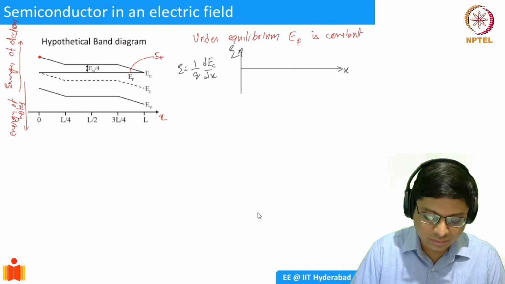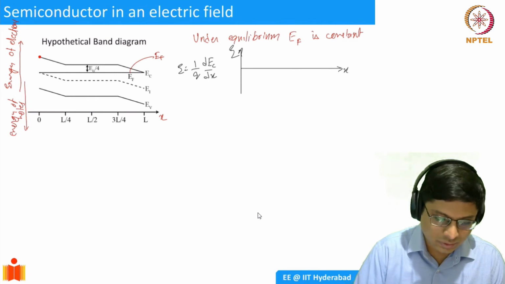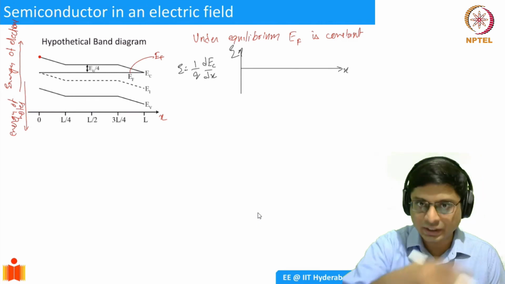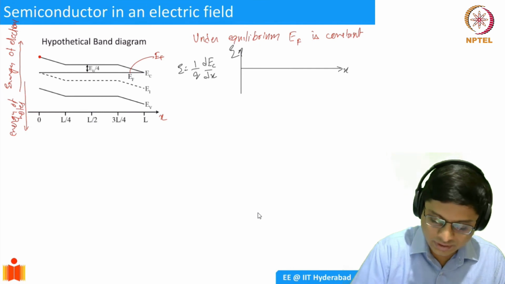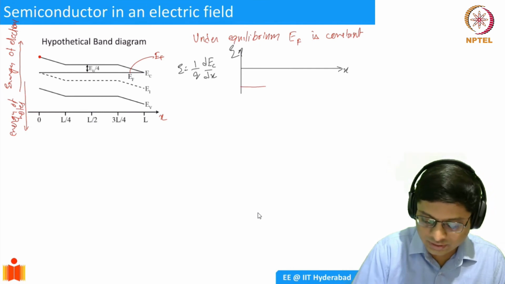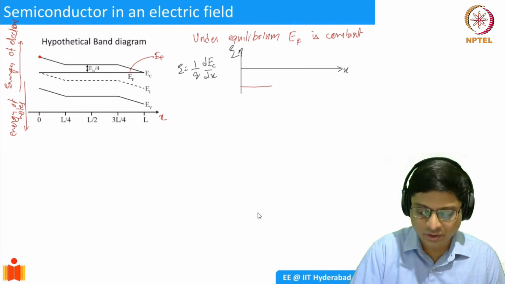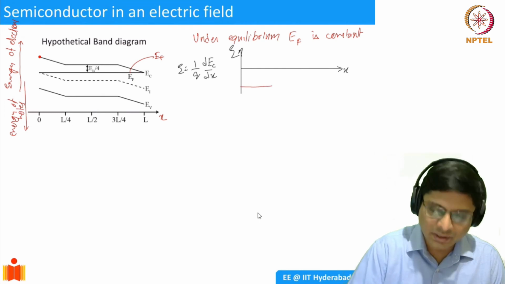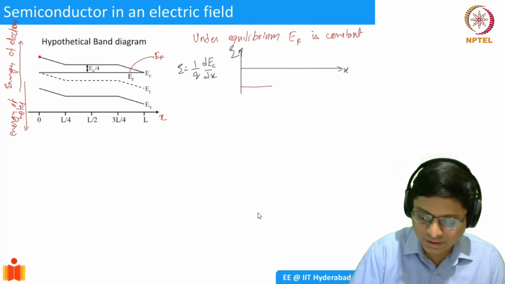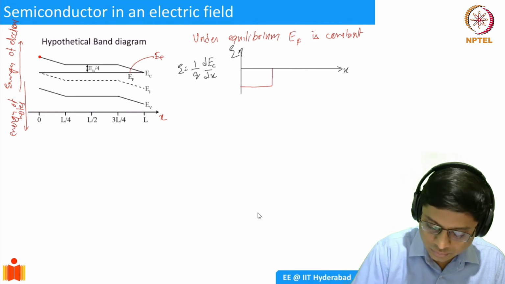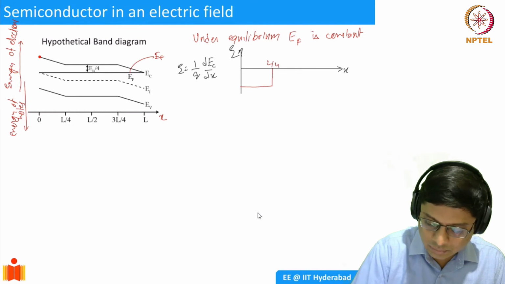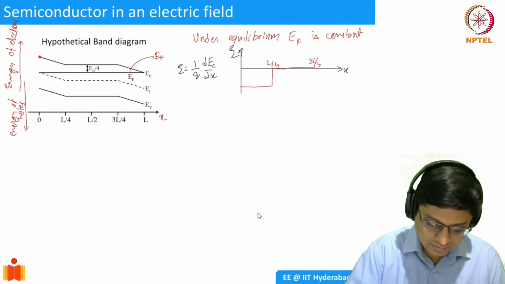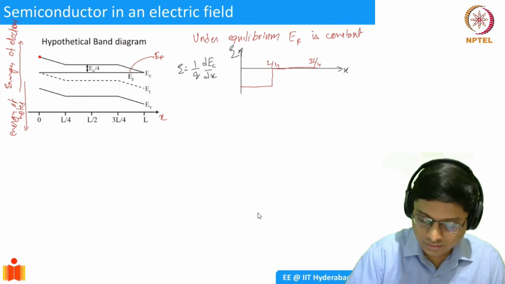So at x equal to 0 up to x equal to L by 4, you have a certain negative slope. So the field is going to be negative, and it's a constant slope, so it's going to be a constant number. And then from L by 4 to 3L by 4, there is no gradient, so it is going to be 0. There is no field. And then again, there is a negative gradient, so it is going to be this way.